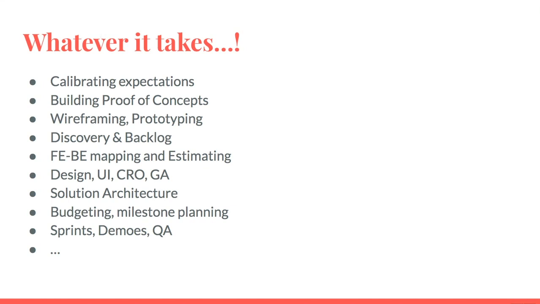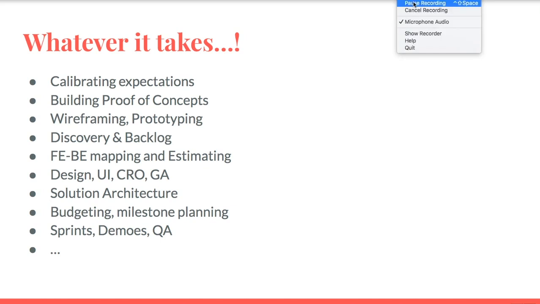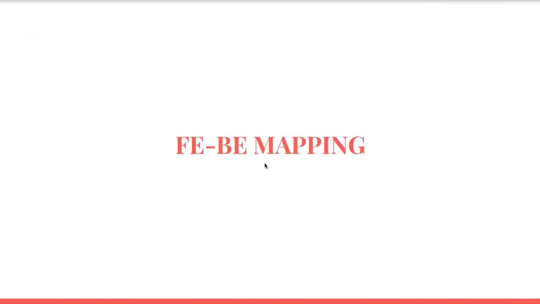We are building proof of concepts, wireframing, prototyping to understand that we are exactly on the straight path. We are designing, optimizing conversion rates, doing focus groups, architecting solution, budgeting, sprints, and front-end, back-end mapping and estimating are among these things, and our focus here will be precisely on them. So let's look at them in turn.